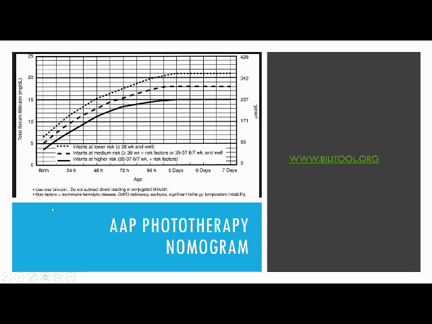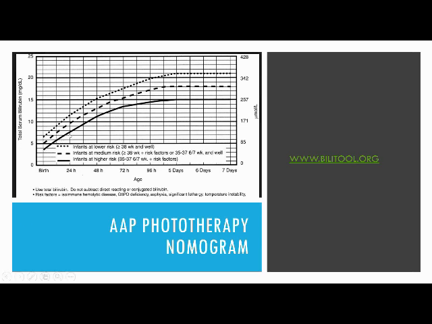You have an isoimmune hemolytic disease like Rh or ABO immunization. You have G6PD deficiency, which we will talk about. You have asphyxia, or you evaluate that you have significant lethargy or temperature instability. So if you have a 35-weeker with any of those risk factors, that is the line that you are going to follow.